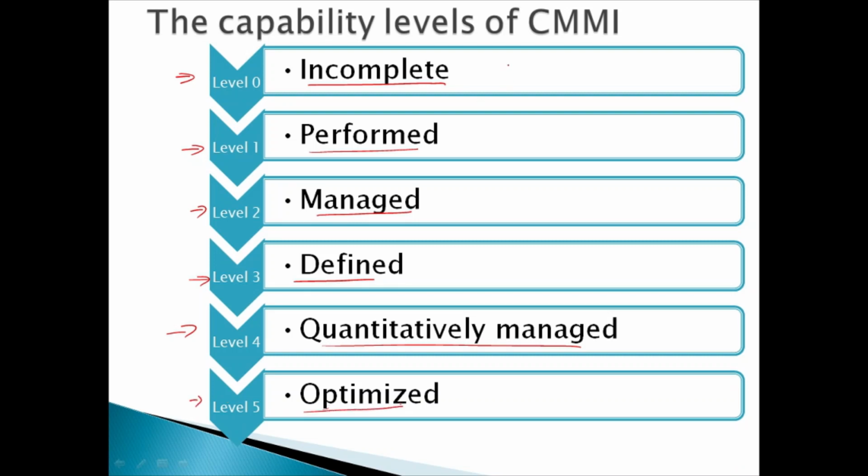Each level is dependent on the previous level. If we talk about level 1, then all the criteria of level 0 have been met. Level 2, all the things of level 1 have been satisfied, and so on.